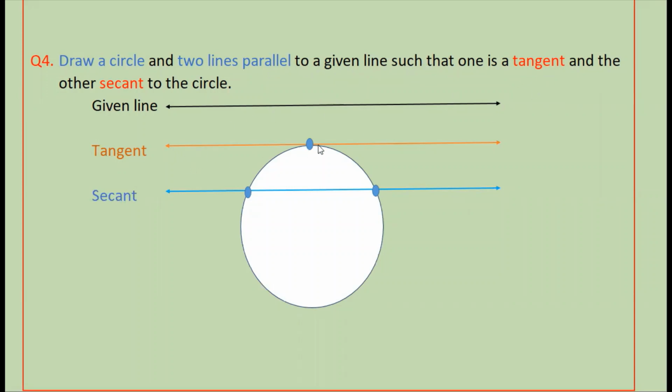We know that a tangent is a line which intersects the circle at only one point. So this is a tangent, parallel to the given line. The other line is a secant. We know that a secant is a line which intersects at 2 points, and it is also parallel to the given line. So this is the secant.